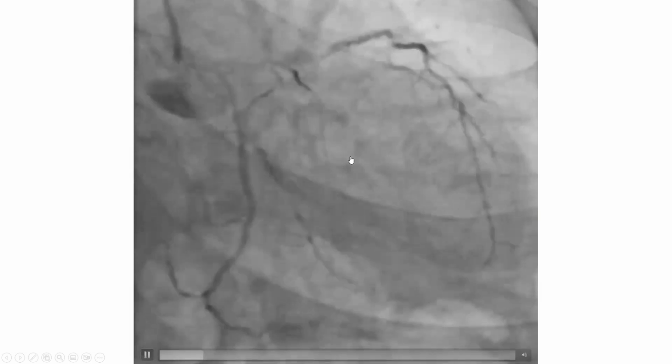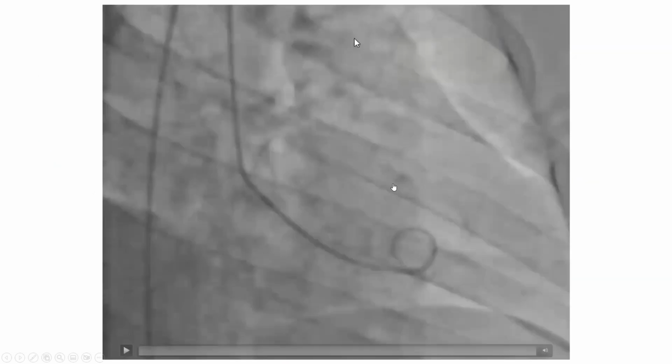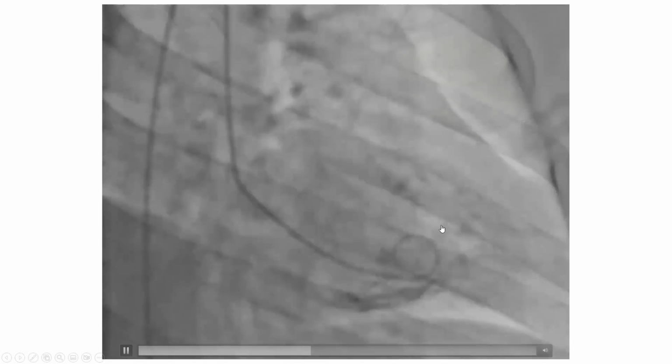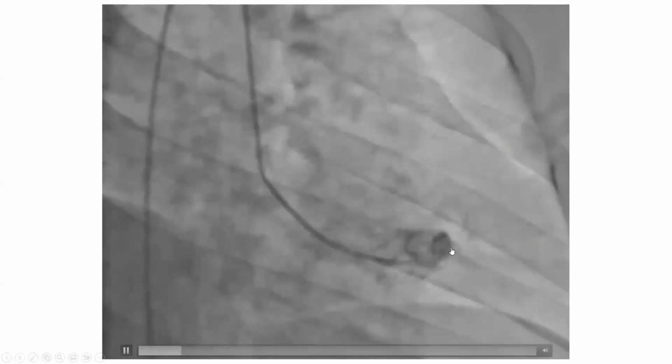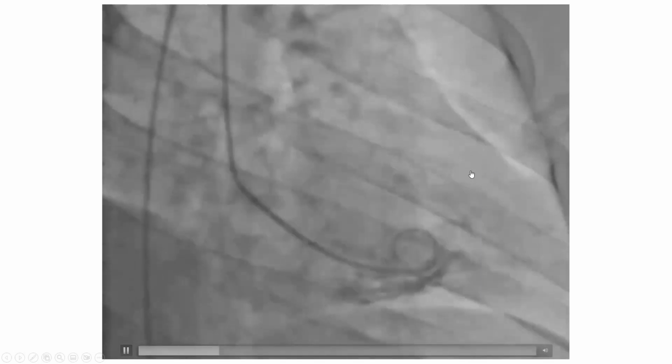If this was a more proximal OM, you might have seen a bulge in the mid-anterior territory. Something bulging and a double shadow behind the anterior wall. So a double shadow bulging behind the anterior wall, or a double shadow bulging behind the mid-inferior wall, is usually circumflex OM disease.